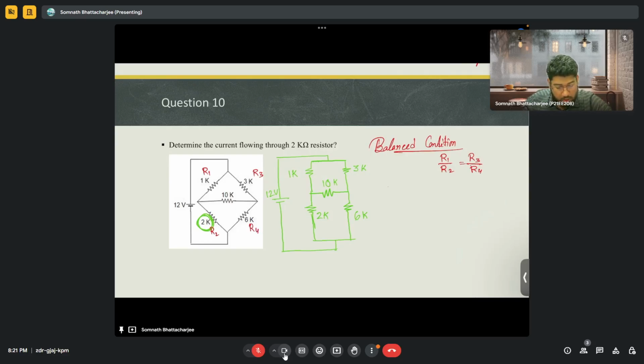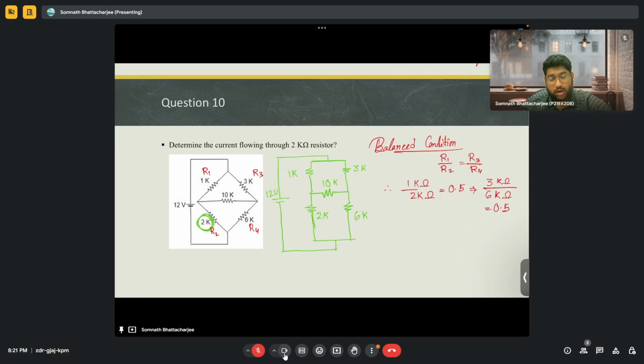Okay. So let's check if the bridge is in balanced condition or not. R1 was 1 kilo ohm and R2 was 2 kilo ohms, so the value is 0.5. Similarly R3 is 3 kilo ohms and this is 6 kilo ohms. So both of them are giving us 0.5.